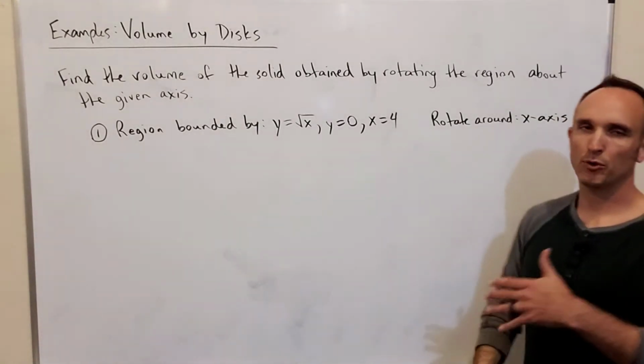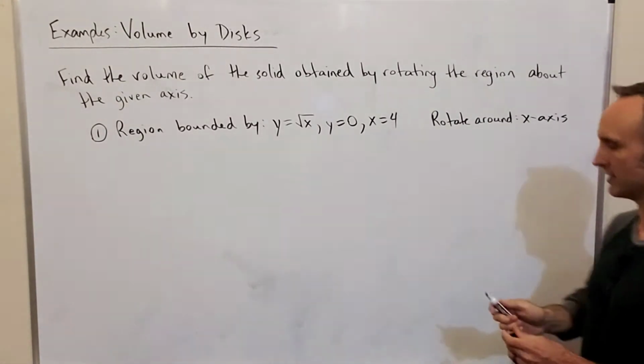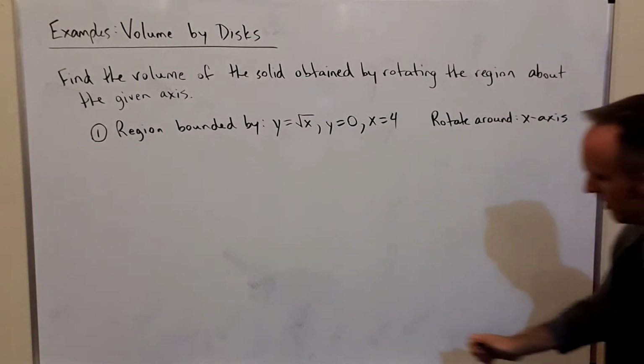So I'm going to do an example rotating around the x-axis, then I'll do an example rotating around the y-axis, and then we'll rotate around an axis that's neither of those, okay?